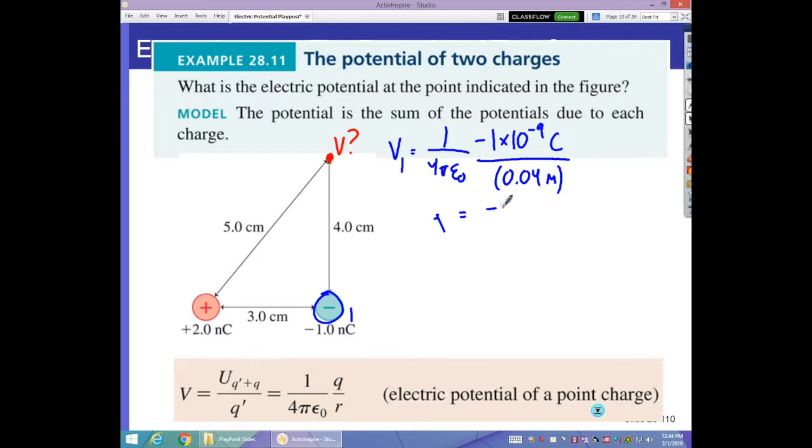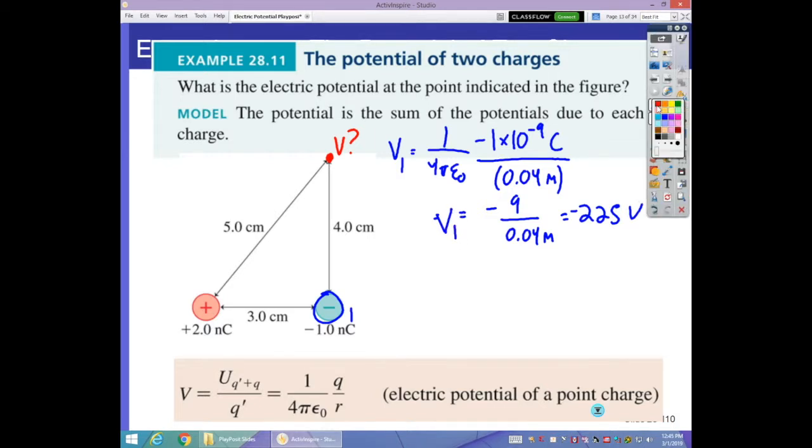So on top I get -9 over 0.04 meters. And I need to grab my calculator real quick to work this out because I didn't bring it with me. So we're going to go 9 over 0.04. And this is negative 225 volts.